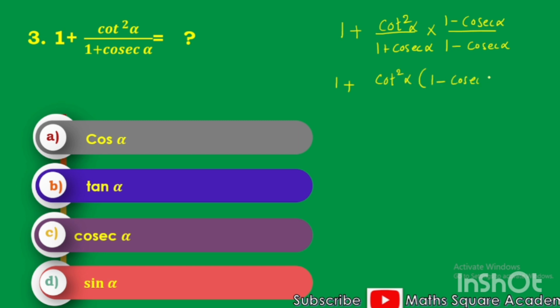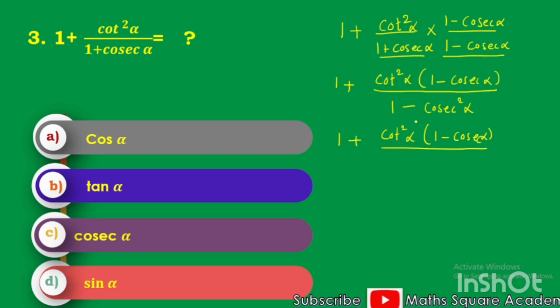cosec alpha) divided by, so you see this property, (a plus b)(a minus b) we can write as a square minus b square, that is 1 square, which is 1 minus cosec square alpha. So that is (1 plus cot square alpha)(1 minus cosec alpha) divided by, so we know the property that 1 plus cot square alpha is equal to cosec square alpha.